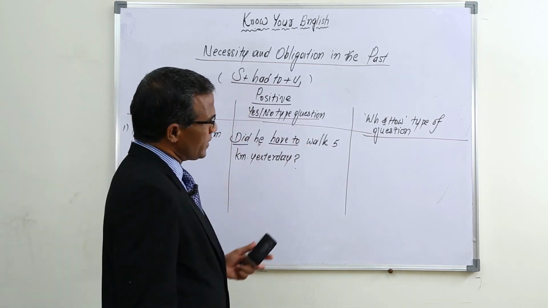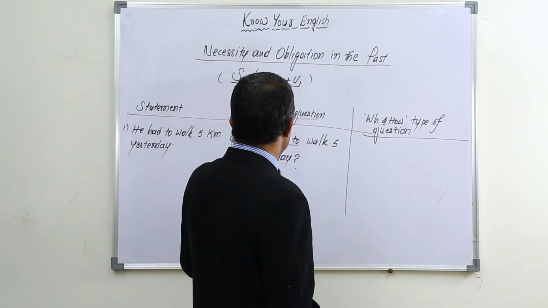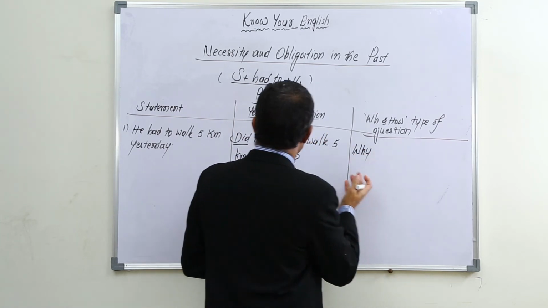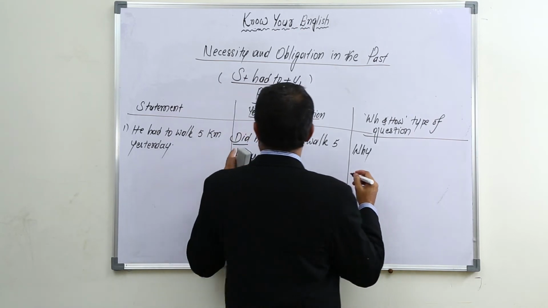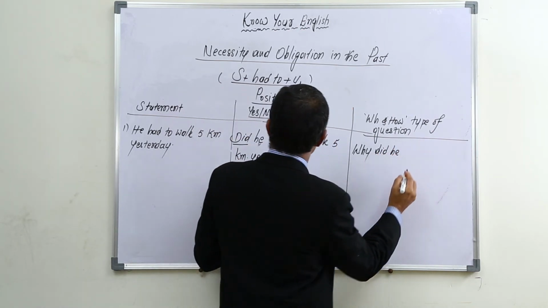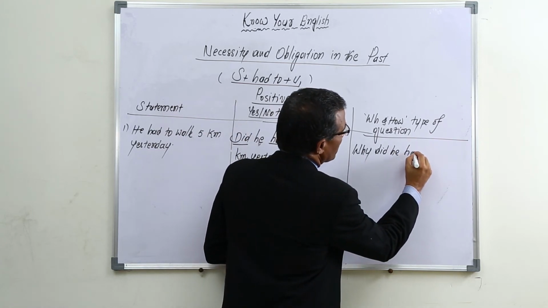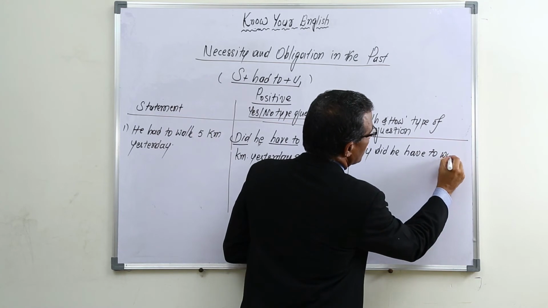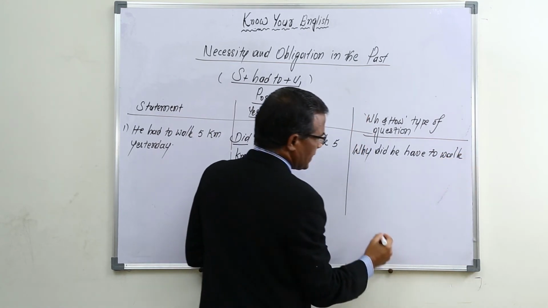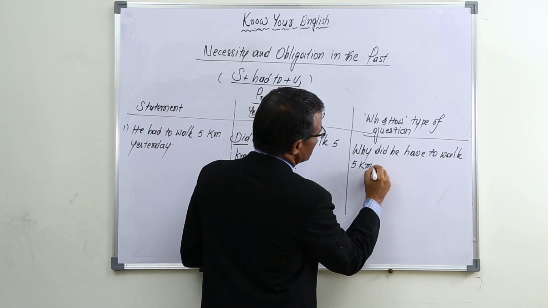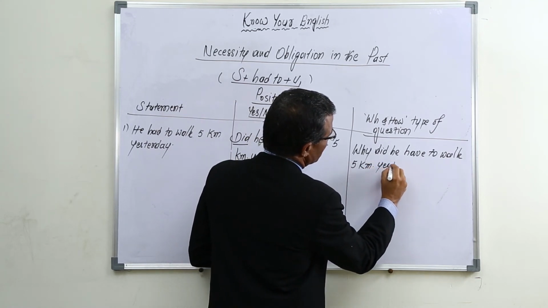And in the same way, WH and how type of questions, for example, you can use why just before this sentence. Why did he have to walk 5 kilometers yesterday?